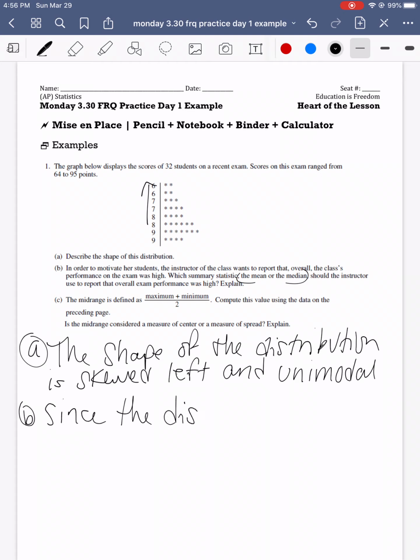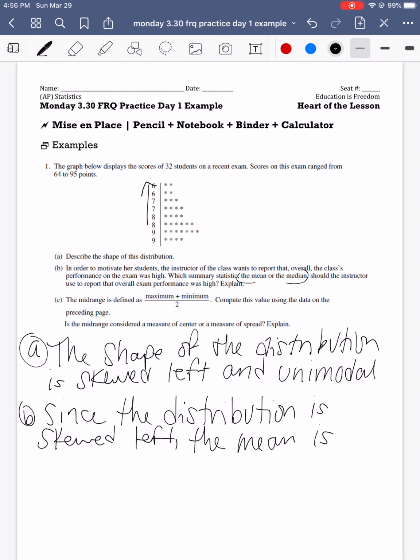So we can say, since the distribution is skewed left, the mean is pulled towards the tail.